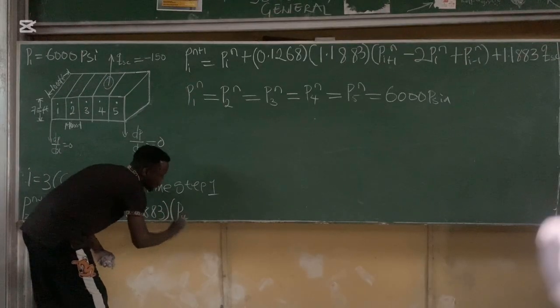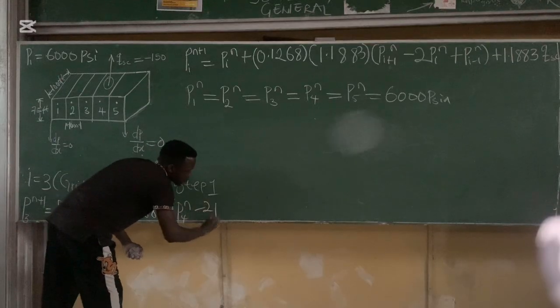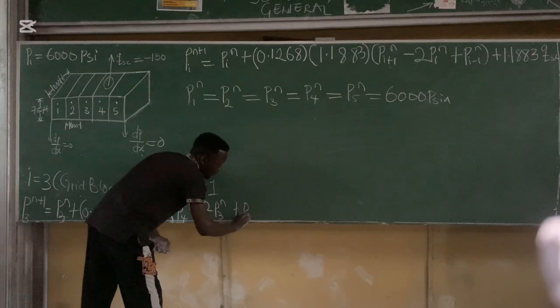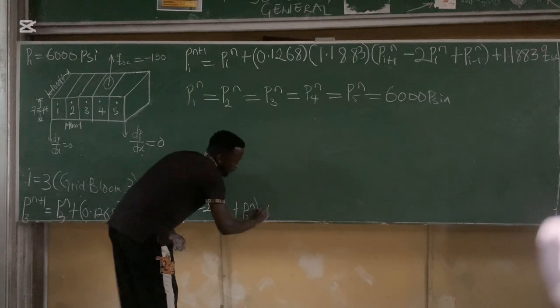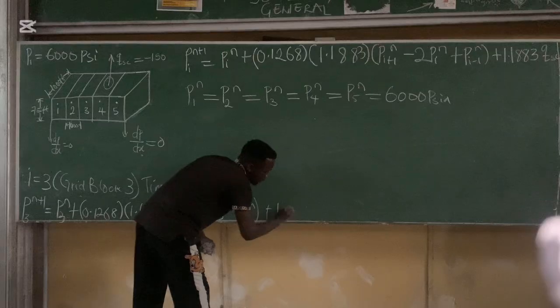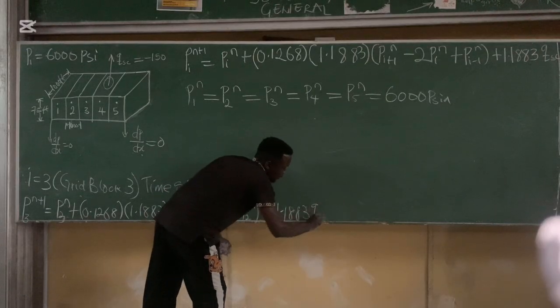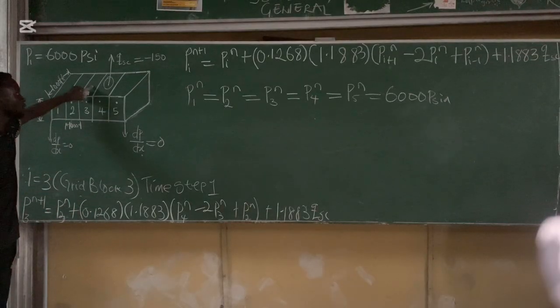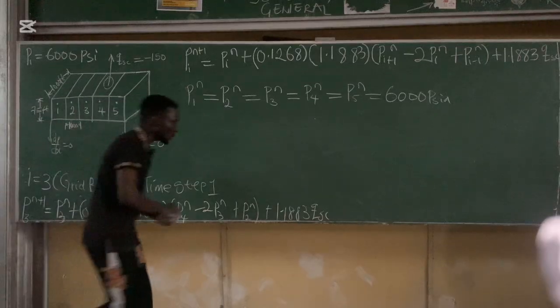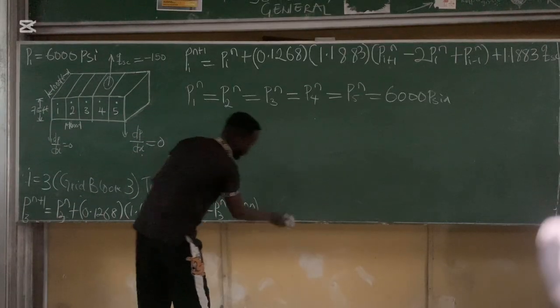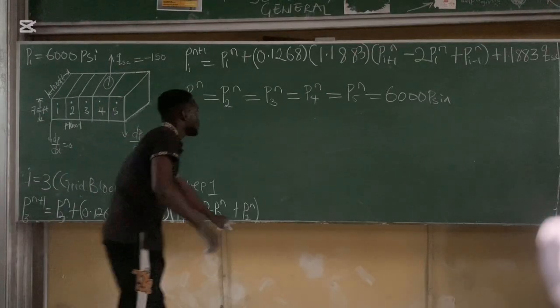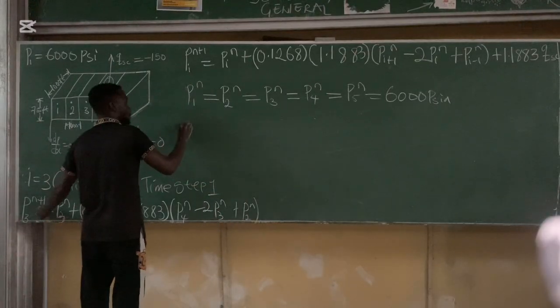So here becomes P4^n minus 2P3^n plus P2^n, plus 1.1883 QSC. If you look at this, there's no QSC yet, there's no well at grid block 3. So therefore, QSC is also 0.